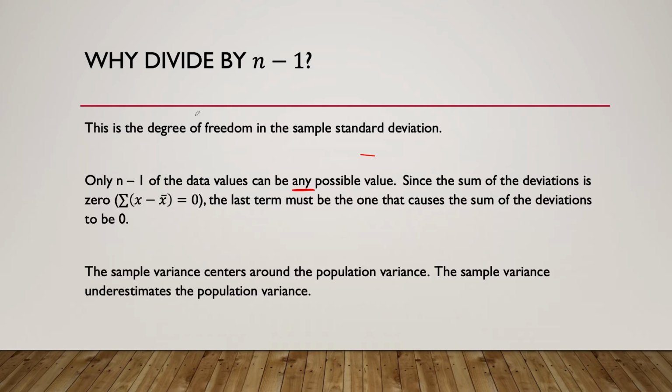Since we have positive and negative values, adding all those up makes 0. The last term must be the one that causes that sum of deviations to actually be 0, which is why we have n minus 1 degrees of freedom. The sample variance centers around the population variance. The sample standard deviation, for the most part, underestimates the population standard deviation.